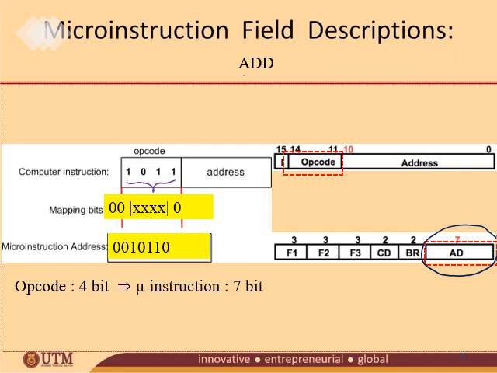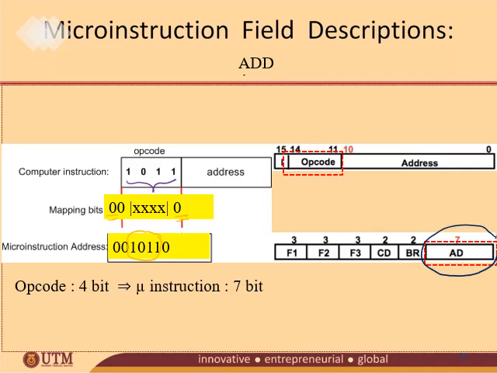Because our address field is 7-bit, we have 128 words. We have specified that there is a mapping bit, that the first 2 bits are 0, and that the opcode bits are bits 3, 4, 5, 6. So this is the mapping, and we put the opcode in the middle.